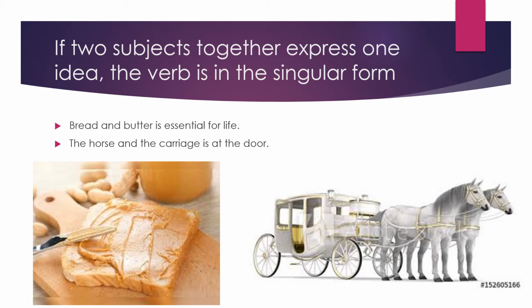But here, the horse and the carriage, these are not two different things. If you talk of individuality, in that case, yes, the horse is different and the carriage is different. But here we are talking of one entity. Horse and carriage combine to make a vehicle, a means of transport. Therefore, here we are using the word "is" along with the horse and the carriage and not "are."